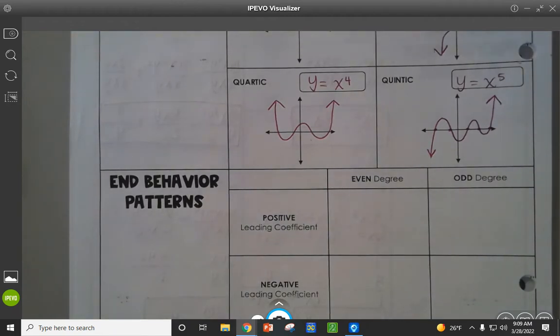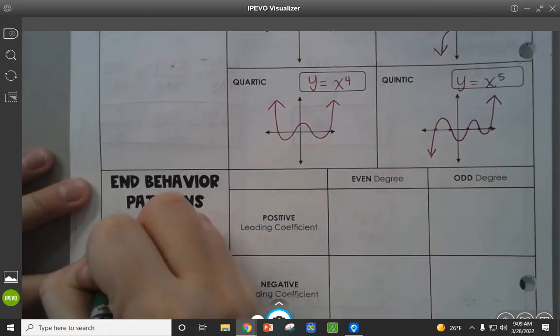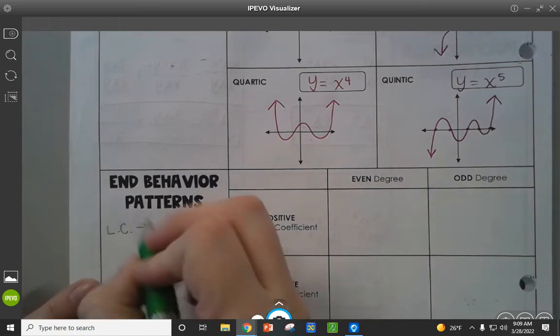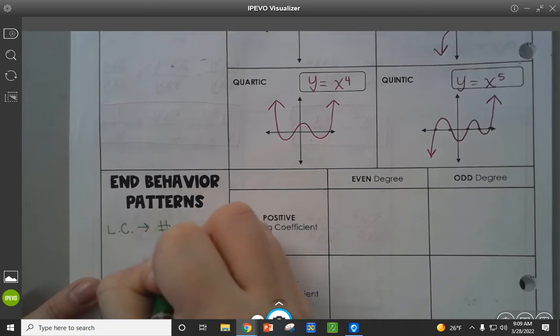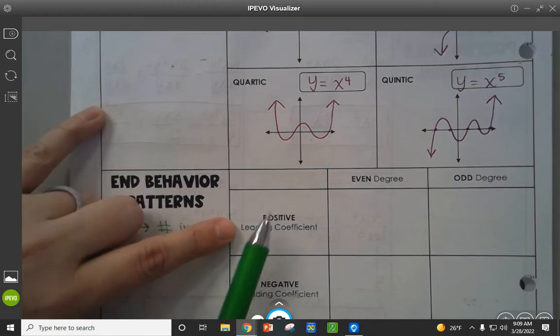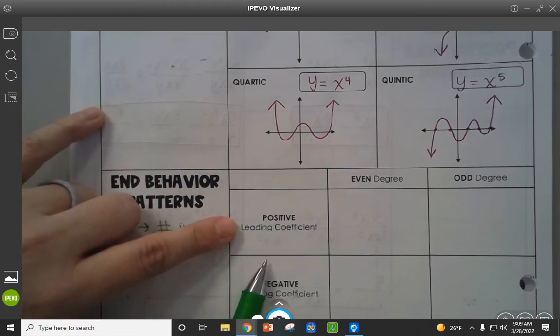And the end behavior is determined by 2 things. One, the leading coefficient. Do you all remember what the leading coefficient is? The number in front. And all we care about is if it's positive or a negative number.